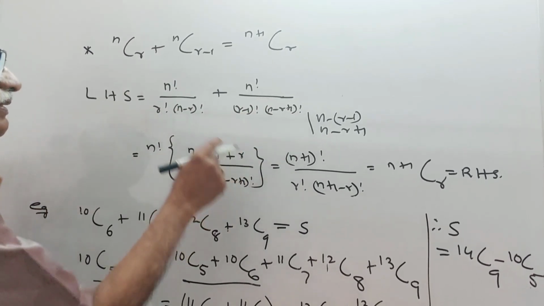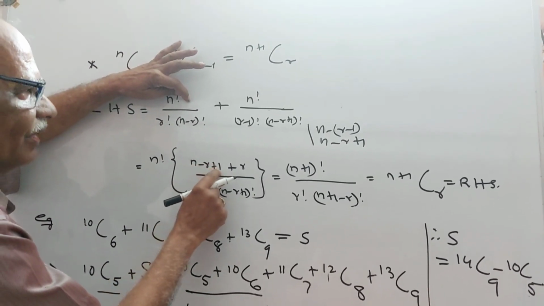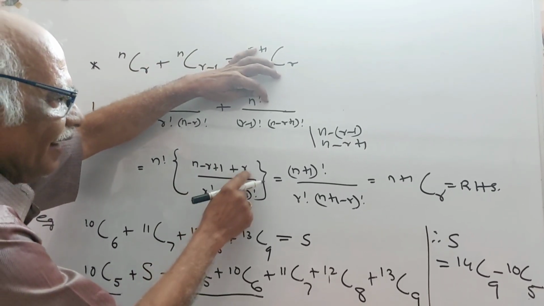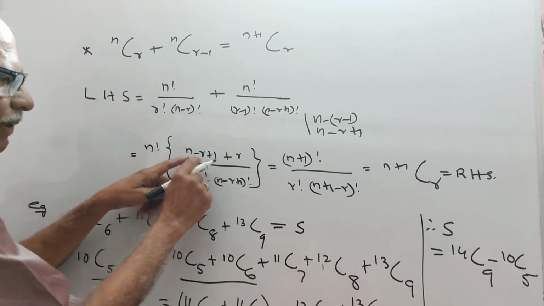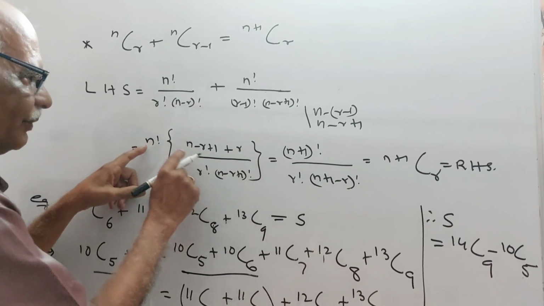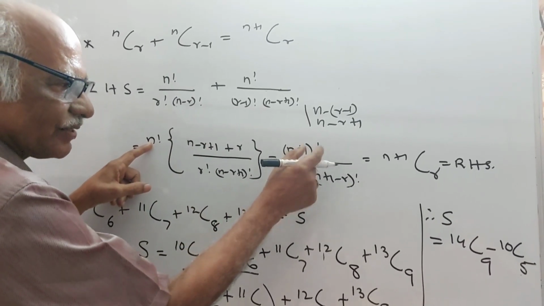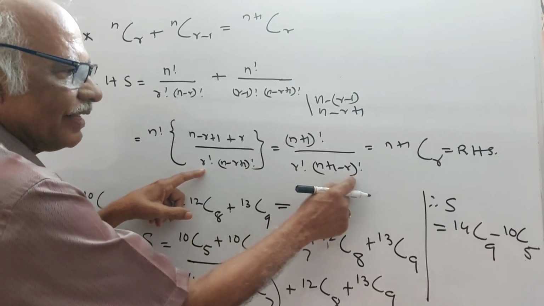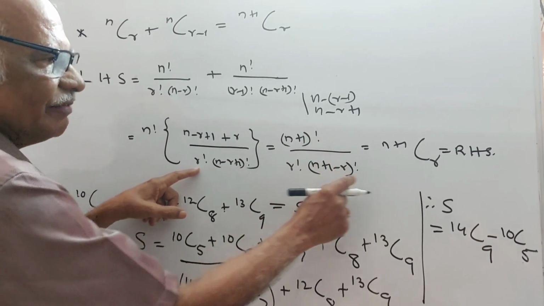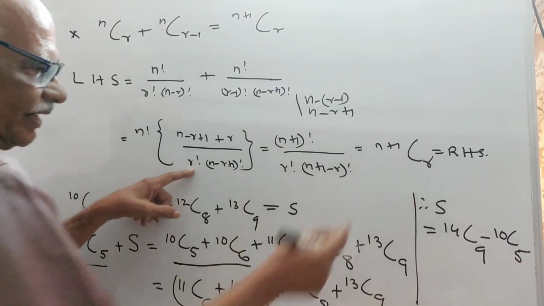Therefore, net effect is you multiply the numerator here by n minus r plus 1, the numerator there by r, and you take the LCM. The result is minus r plus r cancels, giving you n factorial into n plus 1, which is n plus 1 factorial, by r factorial into n plus 1 minus r factorial, which is simply (n plus 1)Cr, and that is our right hand side.